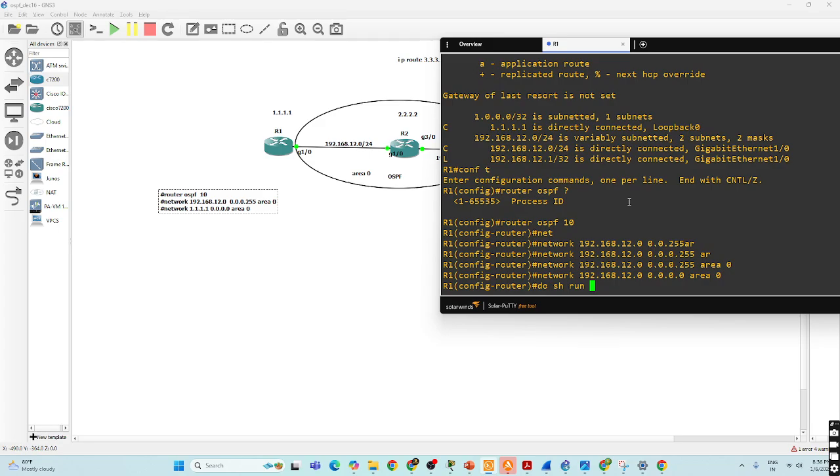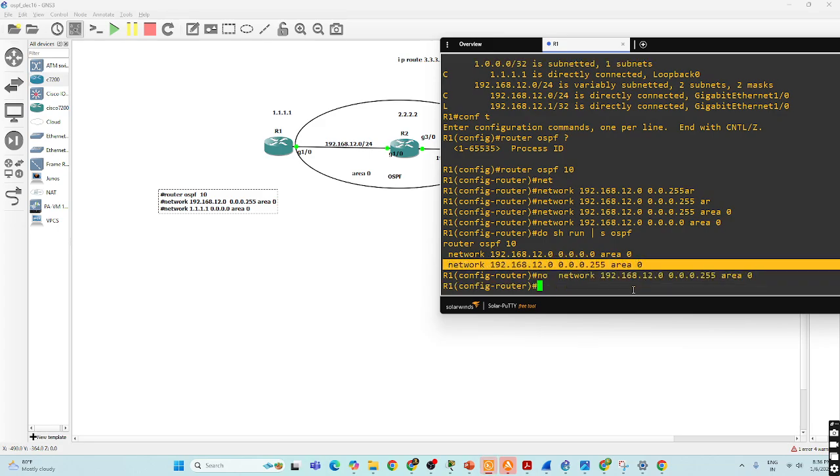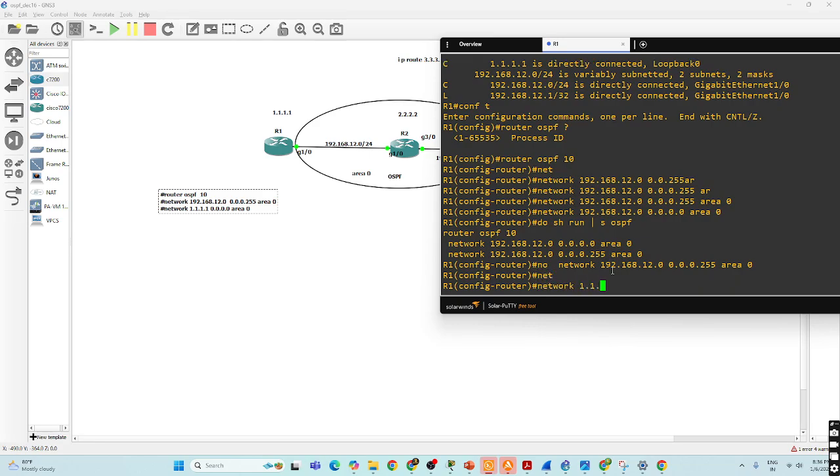If you want to see the configuration, do show run section OSPF. If you want to see only the OSPF configuration, do this. So what OSPF configuration have I done? This 12.0 network, and oh my god, this I have to remove. I wrongly configured this. What network do you need to configure? Network 1.1.1.1 and the wildcard mask.